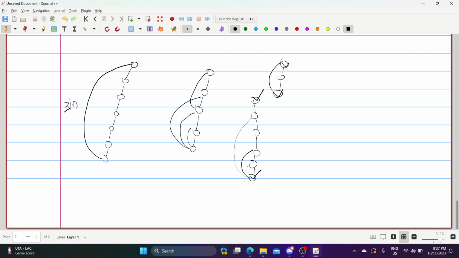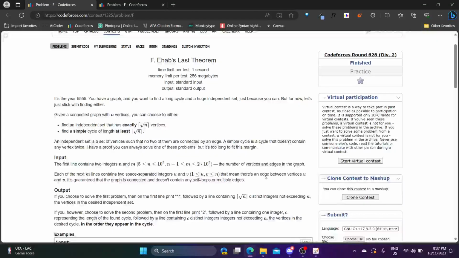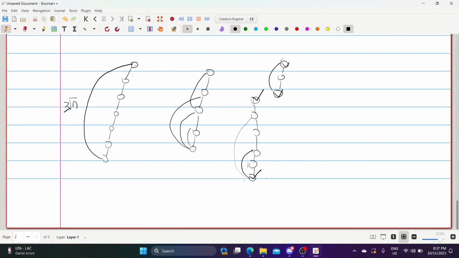So with this idea, right, what you do is that whenever you have a vertex, you check whether it's adjacent to any of the stuff inside the independent set yet. If it's not adjacent, then you just add it.